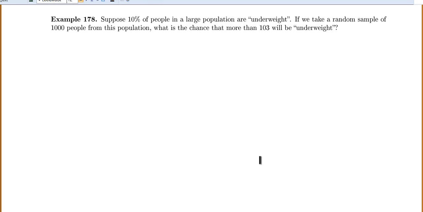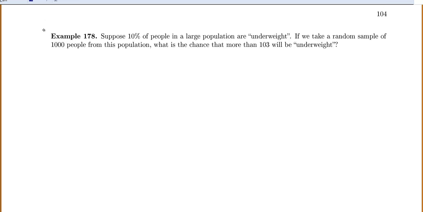Example 178, suppose 10% of people in a large population are underweight. If we take a random sample of 1,000 people from this population, what is the chance that more than 103 of them are going to be underweight? Notice this, the chance that more than 103 people, to me this sounds like we're counting the number of people.